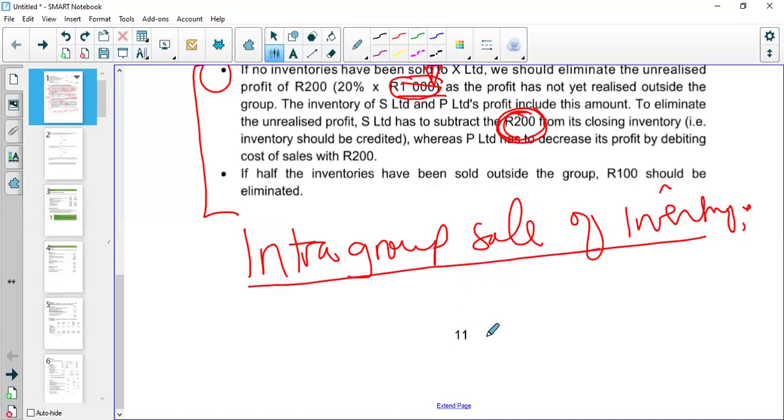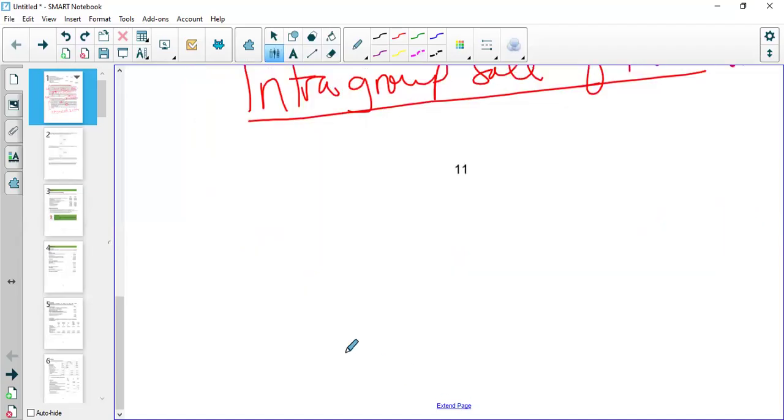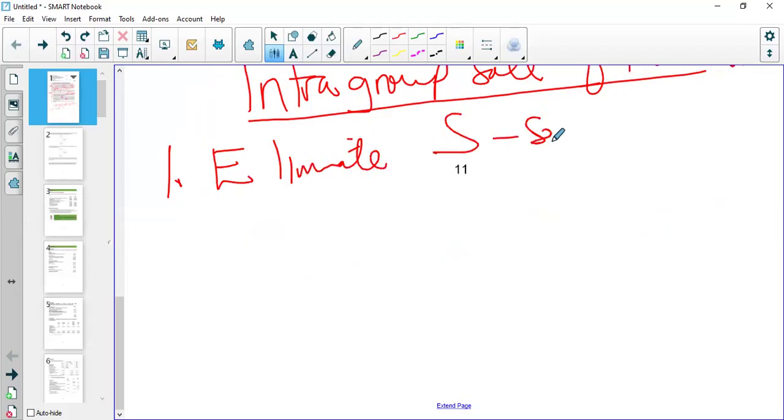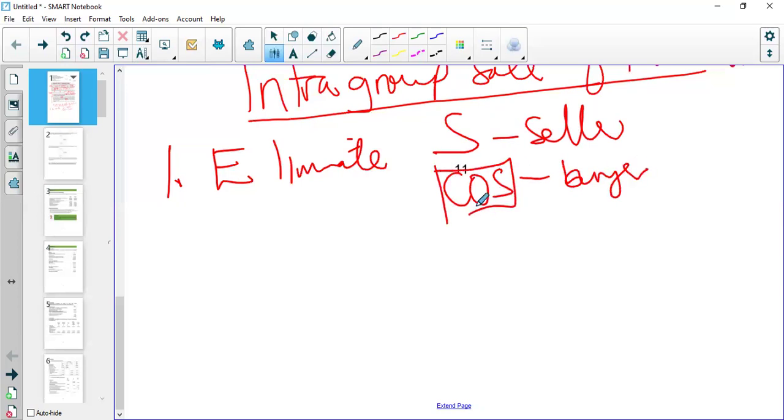So the intragroup sale of inventory, we need to eliminate the sales of the seller and the cost of sales of the buyer. Basically, the purchases of the buyer. But the purchases will be obviously included in the cost of sales. So this is always the case, regardless of whether there is any inventory remaining or not.